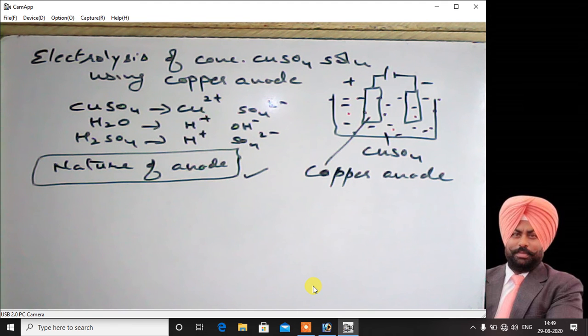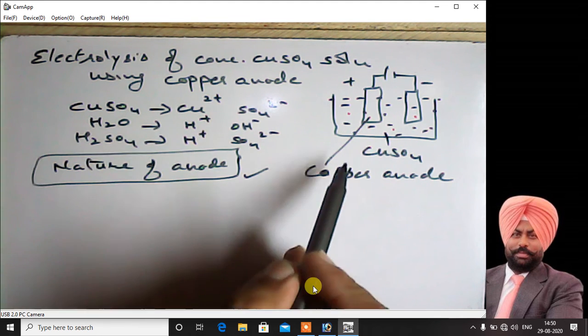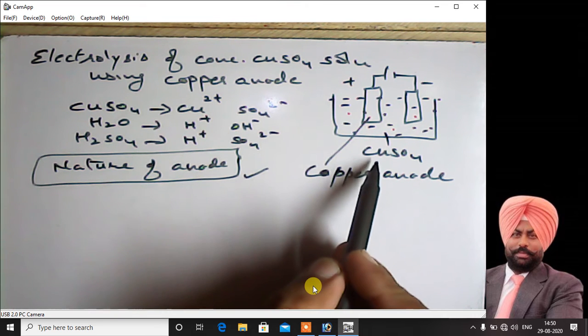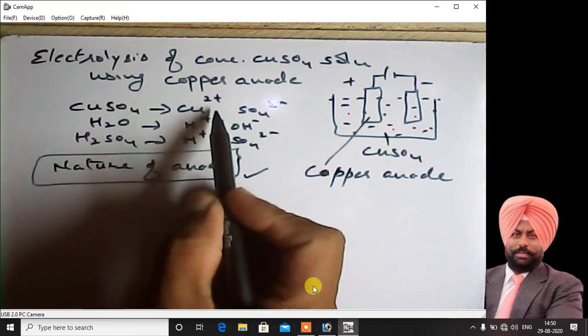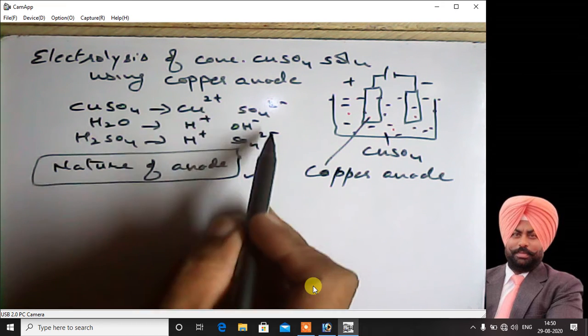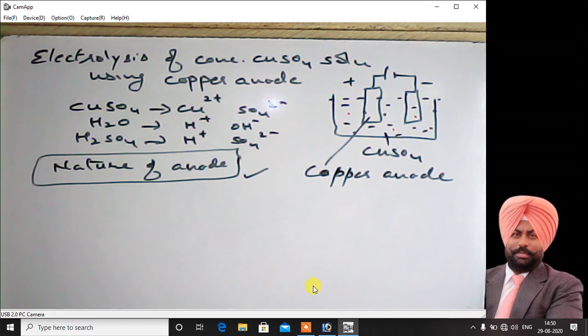Here we can see, since the anode is matching the ion of electrolyte, therefore from these dissociated ions, none of the ion will migrate towards anode.